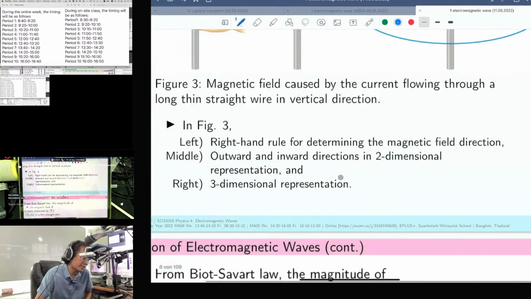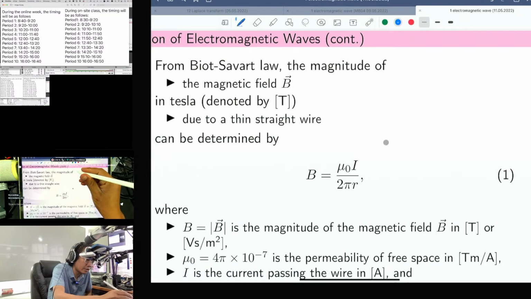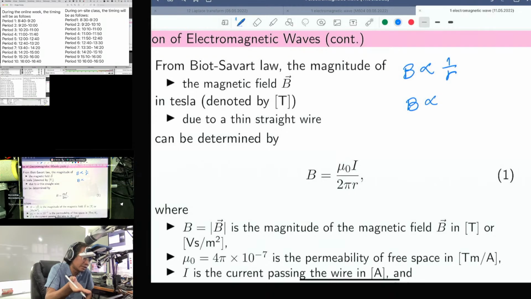So you can see that B is inversely proportional to the distance. Another experiment should be easily realized that the magnetic field depends on the amount of the current. So it means that B should depend on I per R, right?